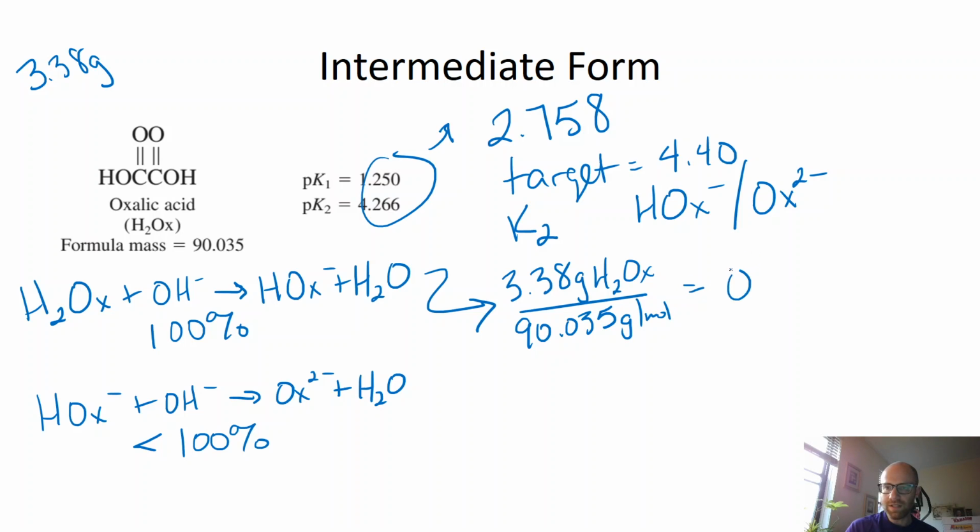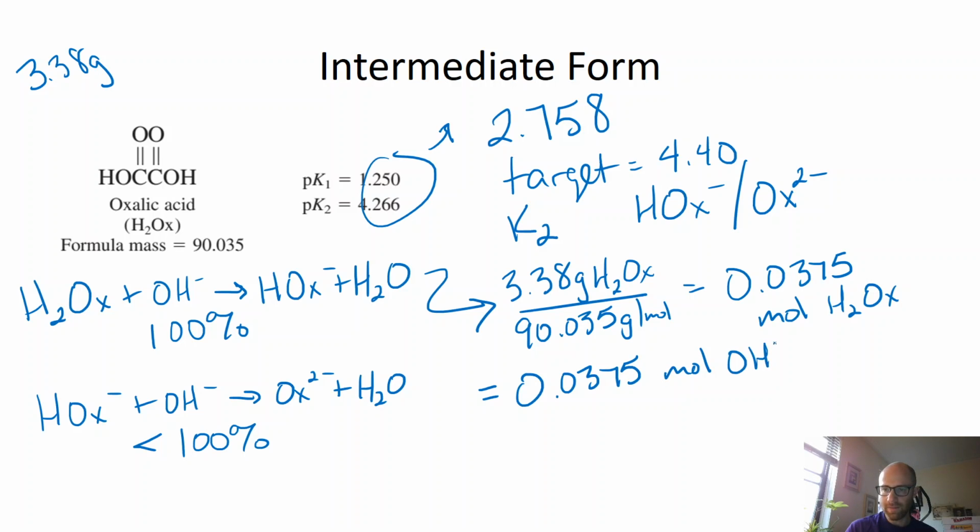And so that should give me 0.0375 moles of acid, which means for a 1-to-1 reaction, I'm going to need 0.0375 moles of hydroxide for this first step to take place.